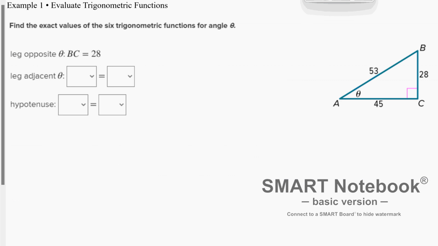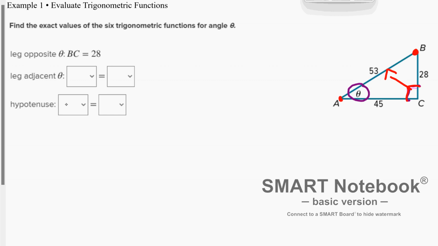Let's go ahead and look at an example here. We want to evaluate based on the angle. We have a right triangle and we have our angle selected. We want to find the trig functions of this angle. So we look at that angle and label our three sides. The hypotenuse, which is always across from the 90, would be AB.